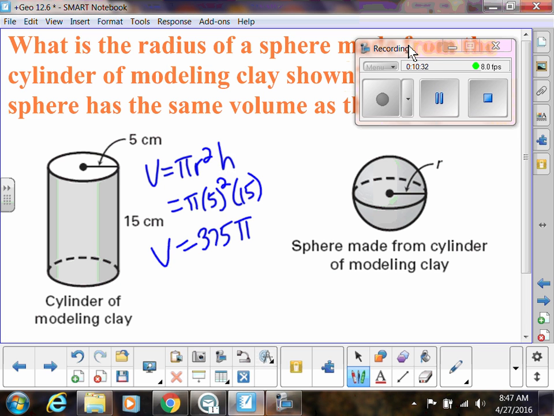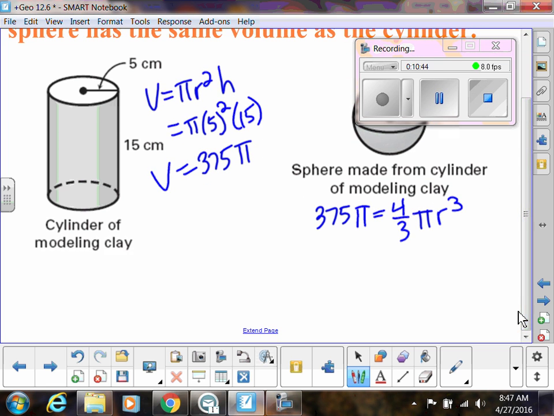So we're going to set that equal to the volume of our sphere, which we just said is 4/3 pi r cubed. Okay, so the pi's cancel. And I'm going to divide by the 4/3 or multiply by the reciprocal 3/4. So 375 times 3/4 is going to give me 1125 over 4.